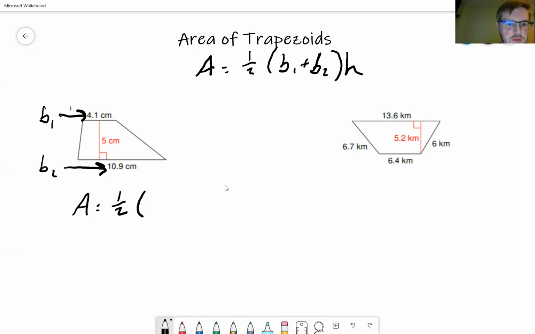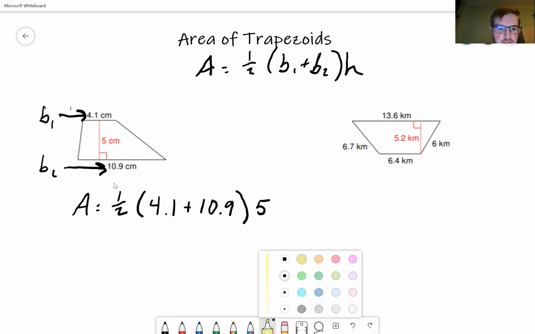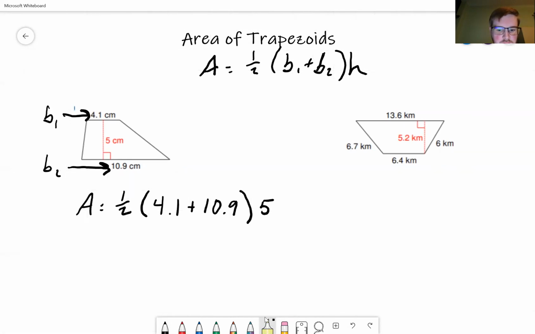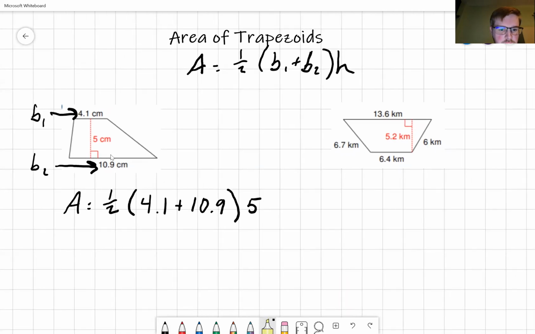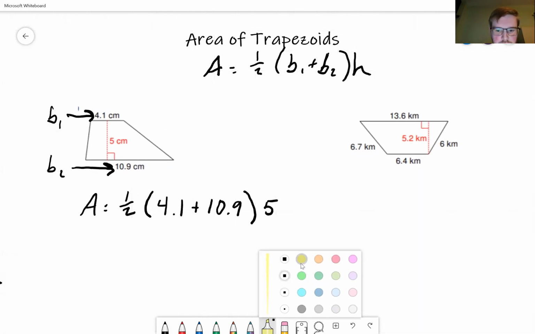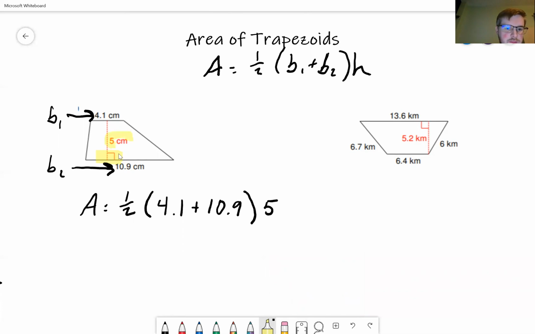So B1, we're going to call that 4.1, plus B2, 10.9, times my height of 5. And again, look for that right angle symbol. It connects the height to the base.